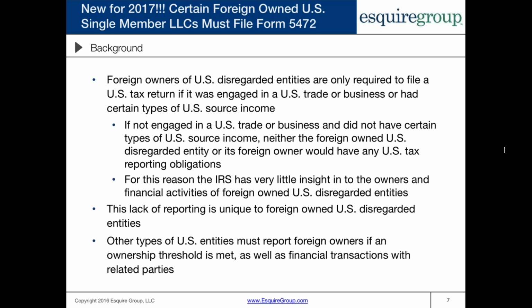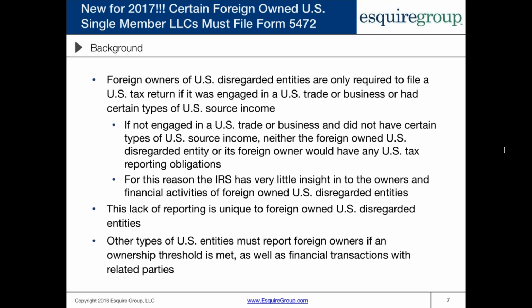Let's say it had a bank account in Panama, for example, and owned rental property in Panama. The U.S. would have absolutely no insight into the fact that this U.S. LLC has income, that it has assets, or who its owner is, because it's not engaged in a U.S. trade or business and it doesn't have any U.S. source income.